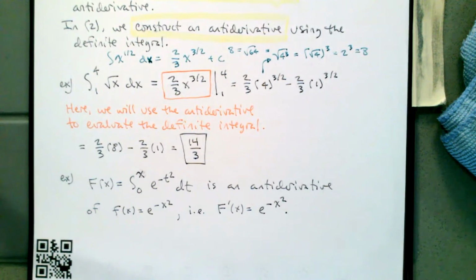It's important to be able to do this because e to the minus t squared does not have a nice antiderivative.